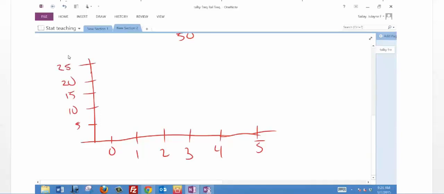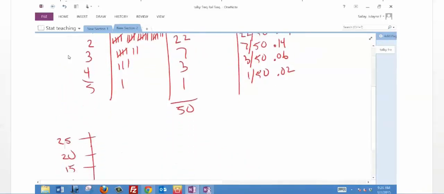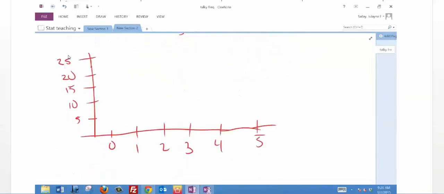Now, one distinct difference between a histogram and a bar graph is that the rectangles touch, but there's also a numerical value for where we set the rectangles up. So if I look at 0, I've got a frequency of 4. When I draw in that rectangle, this border here and that border there actually went 0.5 below and 0.5 above the 0.